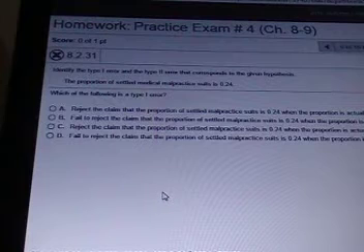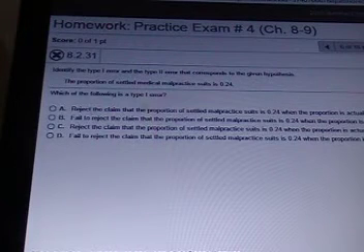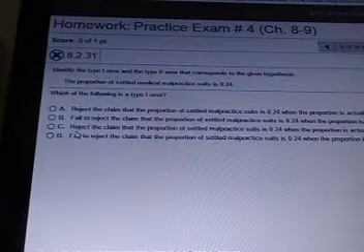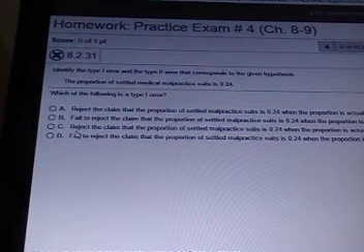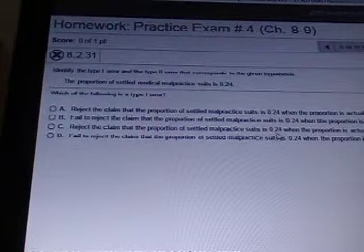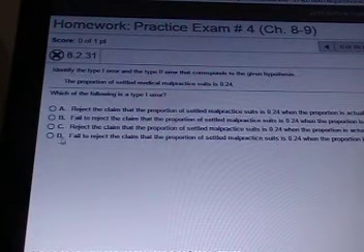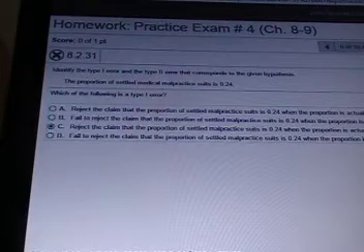So if the null is actually true, we don't want to reject it, but we sometimes accidentally do that. So a type 1 error is always rejecting the null hypothesis when it's actually true. So this would be C, reject the claim that the proportion is 0.24 when it actually is 0.24. If it's actually true, you don't want to reject it. So if you do reject it when it's true, you're making a type 1 error.